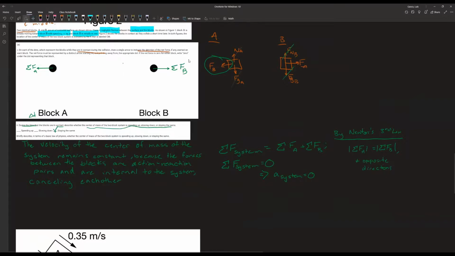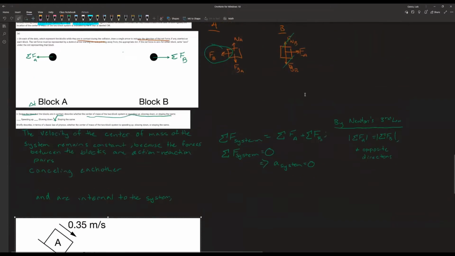And let me just kind of move this here. So this is the secondary way to think about it, is the forces are internal to the system. And so whenever you have internal forces, you don't actually accelerate.